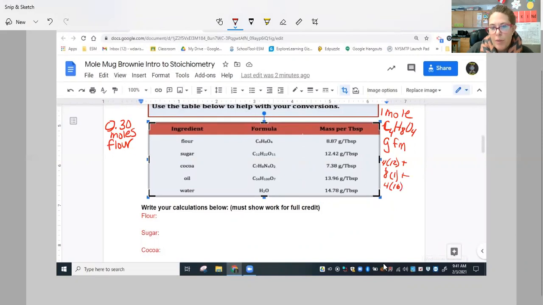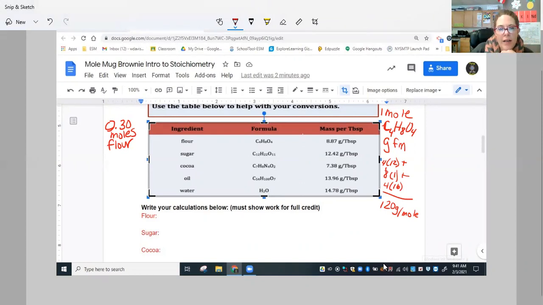When I multiply 4 times 12, 8 times 1, and 4 times 16, and add all of those up together, I get a mass of 120 grams. And that's 120 grams per mole. That means 1 mole of flour has a mass of 120 grams.